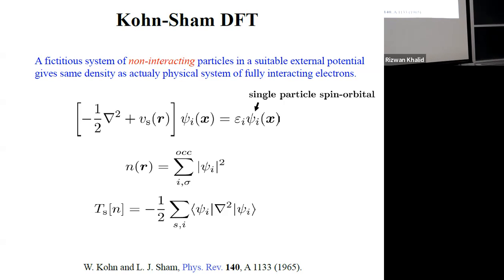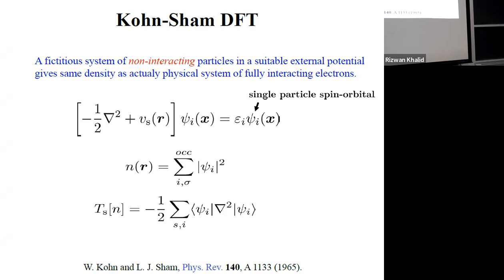So by doing so, we can get the kinetic energy as well by using the orbitals. The Kohn-Sham approach gets the density by solving a single particle equation and gets the kinetic energy by using those orbitals from which it got the density.